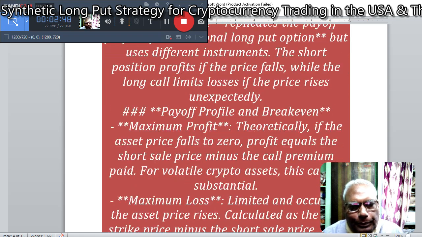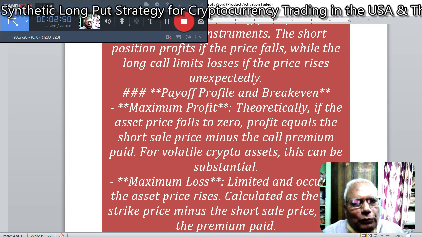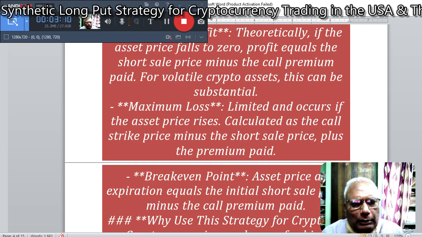Payoff profile and break even. Maximum profit. Theoretically, if the asset price falls to zero, profit equals the short sale price minus the call premium paid. For volatile crypto assets, this can be substantial.